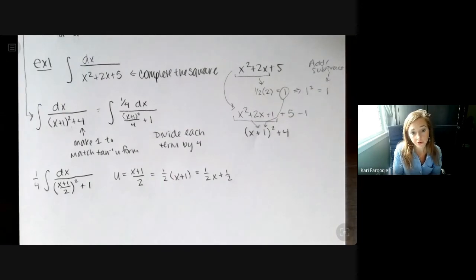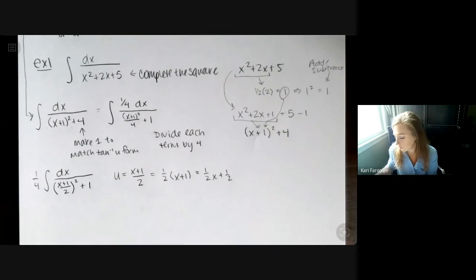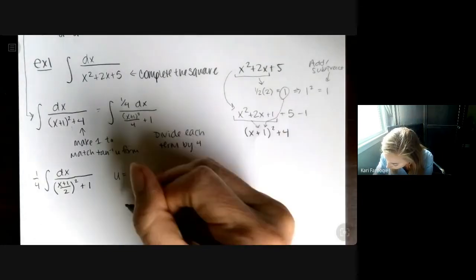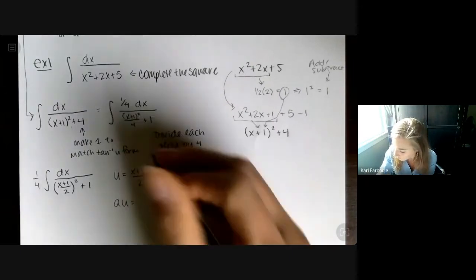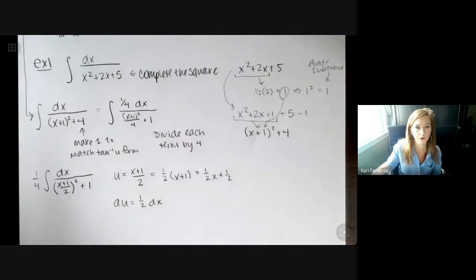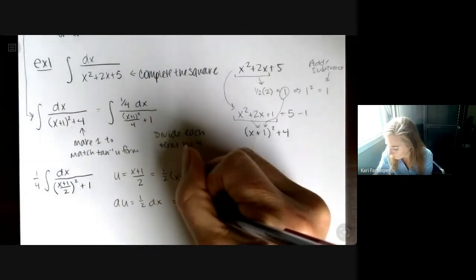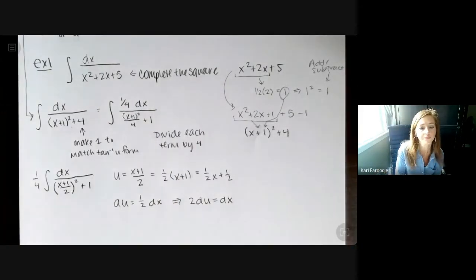Right, so there's your u, and don't forget that you need a du because we're going to have to sub out this dx if I'm going to rewrite the integral in terms of u. So my du in this case is just going to be a half. The derivative of 1/2 x is 1/2 dx, the derivative of 1/2 is 0. So I need to write that. And then, of course, multiply both sides by 2, and you get 2 du equals dx.